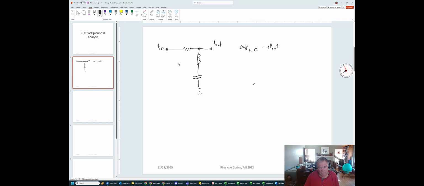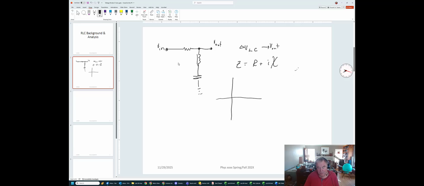Now, as we've alluded to in lecture, we define our generalized impedance. Well, we didn't allude to this, but if you think, it's a vector in the polar plane.